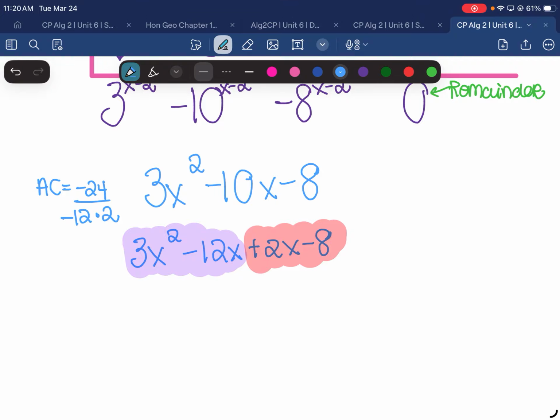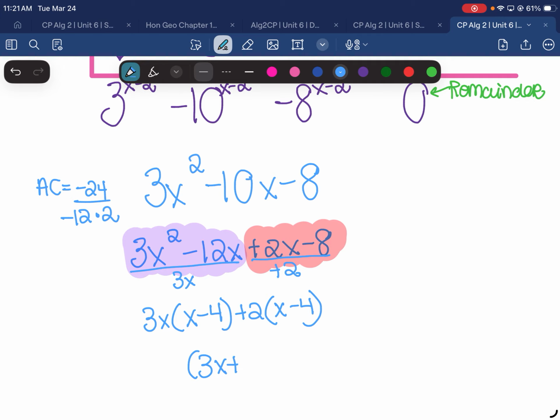You find a greatest common factor. Okay, so I just took what I got from synthetic division and factored. Do we feel okay about that?